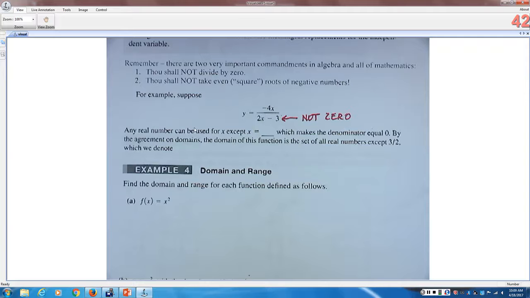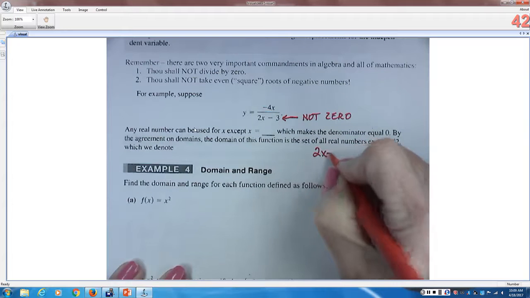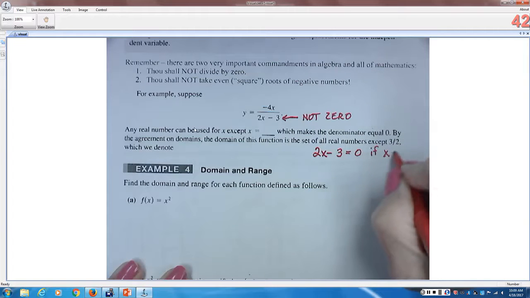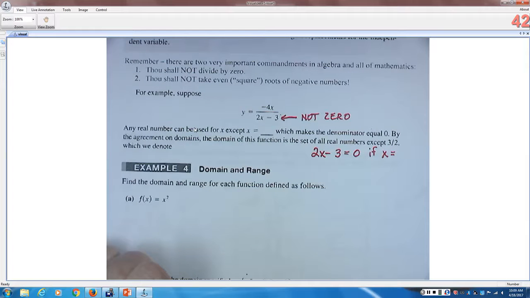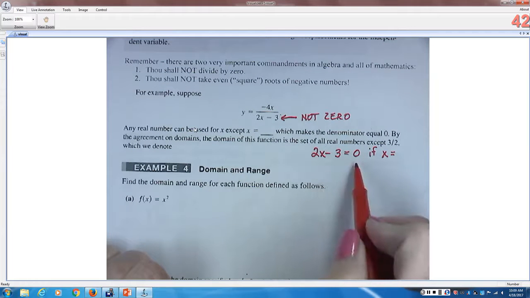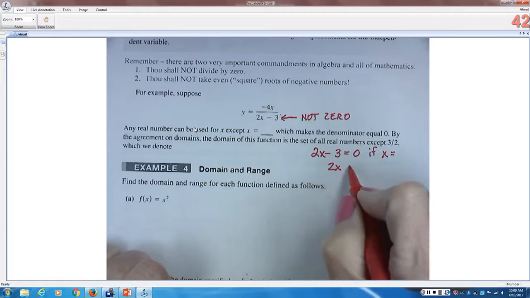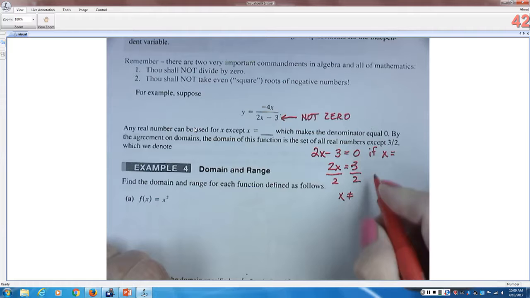When would 2x minus 3 be equal to 0? How could you figure that out? Can you solve that equation? You move the 3 to both sides and divide by 2. So x cannot be 3/2.